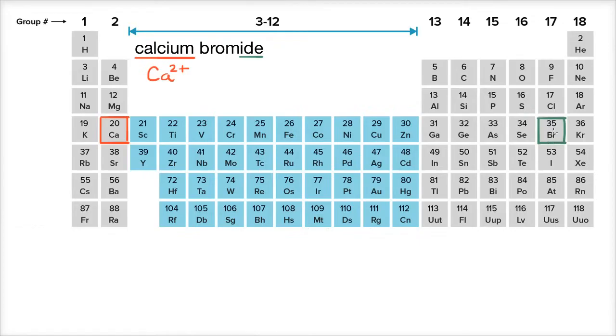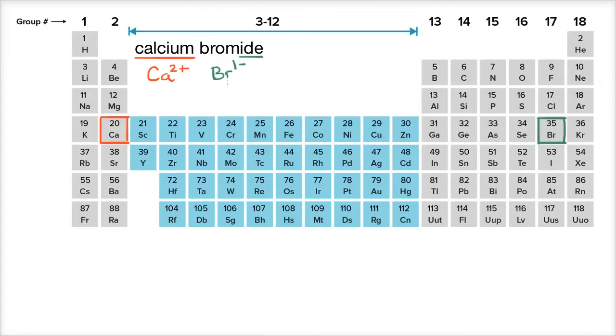And so it makes sense that it's going to be our anion. And so bromine would like to gain an electron to have 8 electrons in its outermost shell. So our bromide anion is going to look like this. It's going to be 1-. It's going to want to gain an electron. That's what the elements in this group like to do.